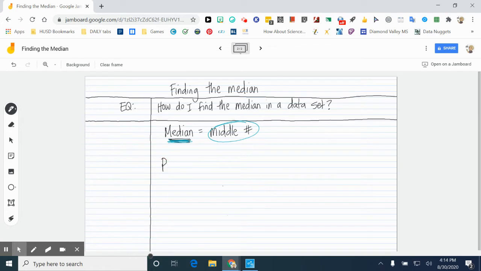All right, if we need to, you put the numbers in order, and I'm just using a symbol instead of writing out the word numbers, a number sign. Put the numbers in order if you need to, then find the middle number.